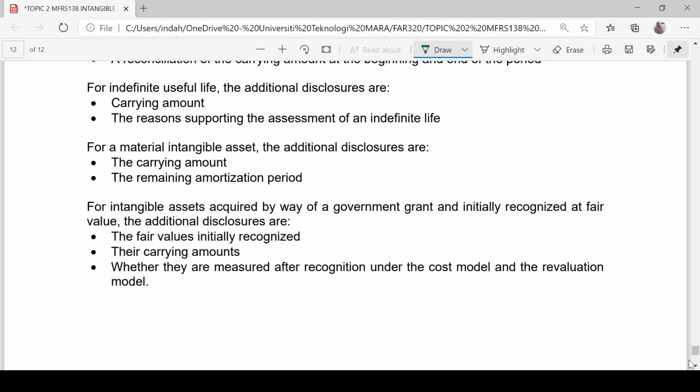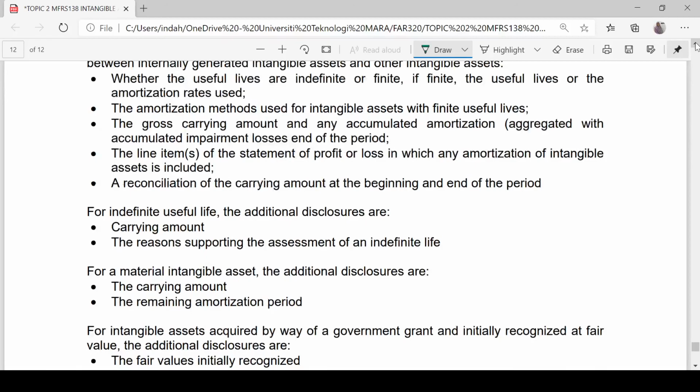For intangible asset acquired by way of a government grant and initially recognized at fair value, additional disclosures are the fair value initially recognized, the carrying amounts, and whether they are measured after recognition using cost model or revaluation model.